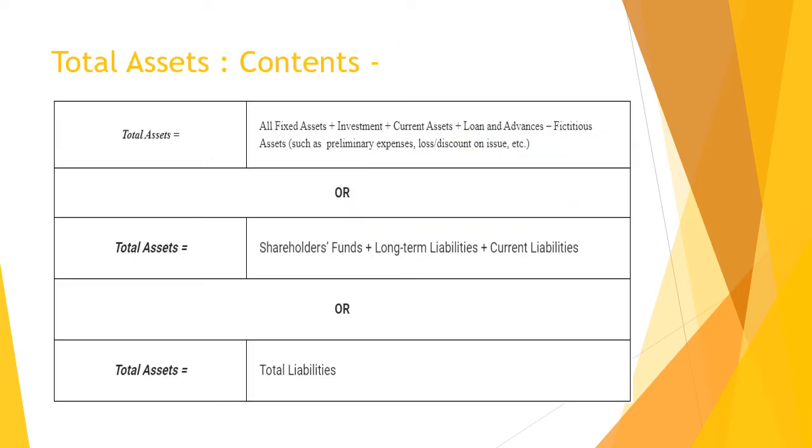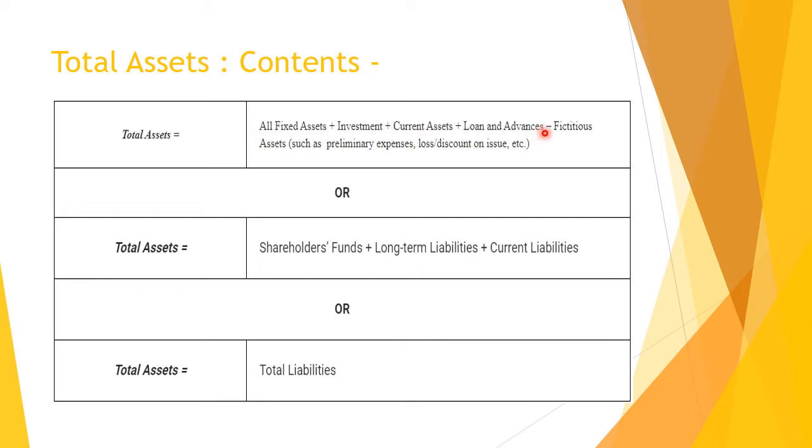Now let us see what all things are considered when you have total assets. Total assets contents are all fixed assets plus investments plus current assets. So all non-current assets, all current assets, loans and advances are included in total assets, and less fictitious assets. We discussed earlier, fictitious assets means what?